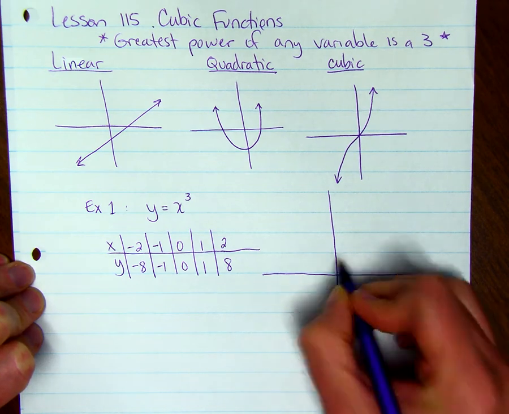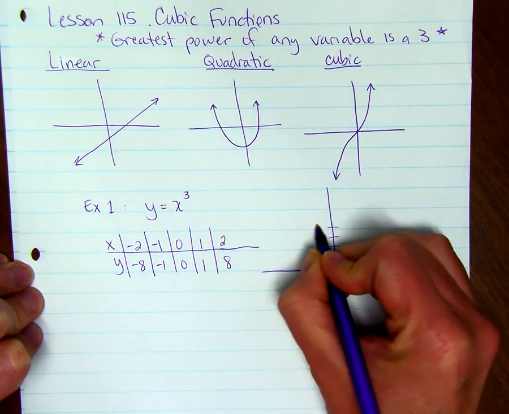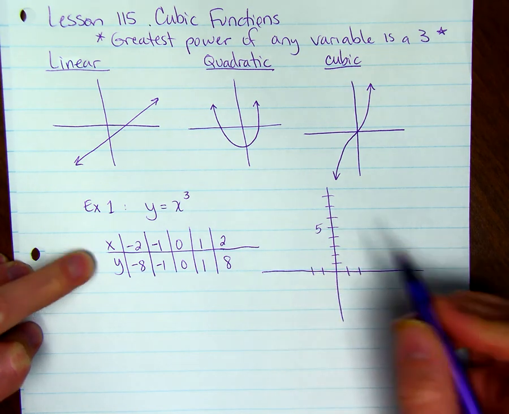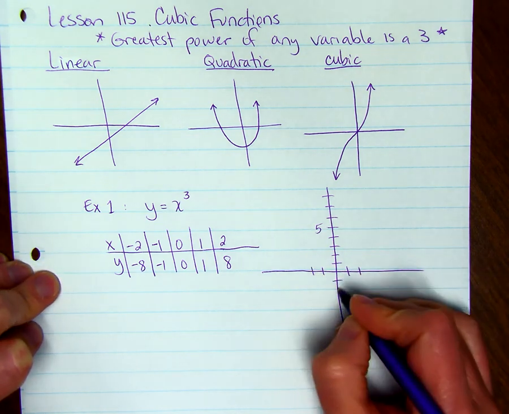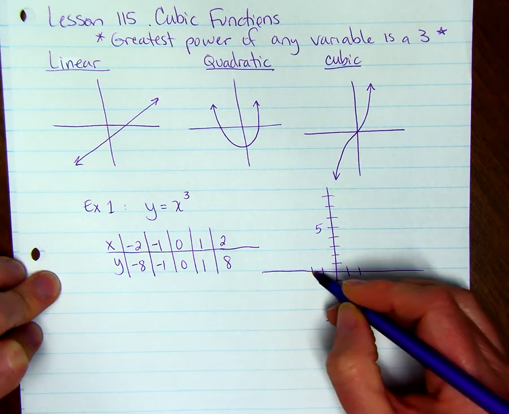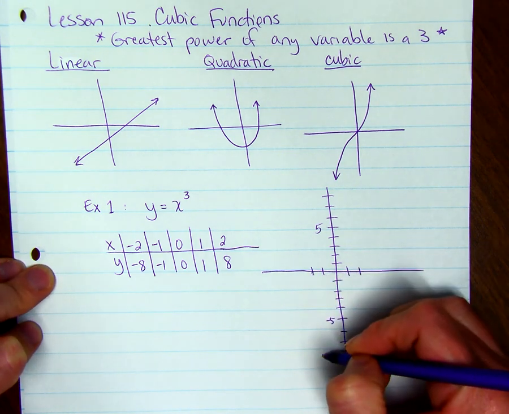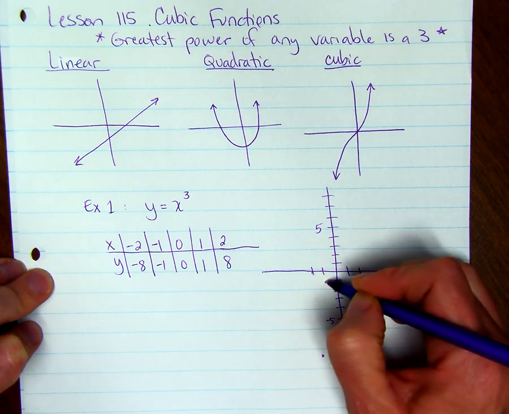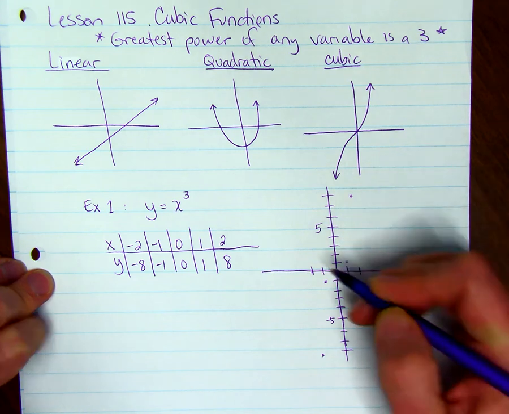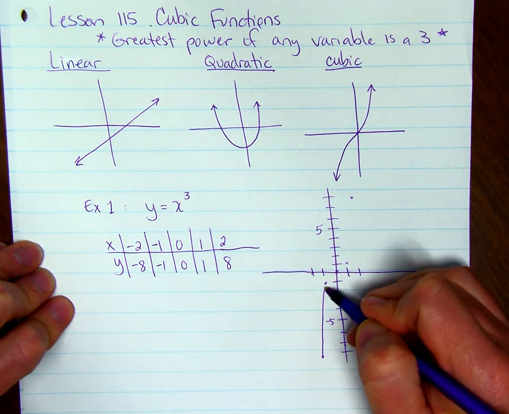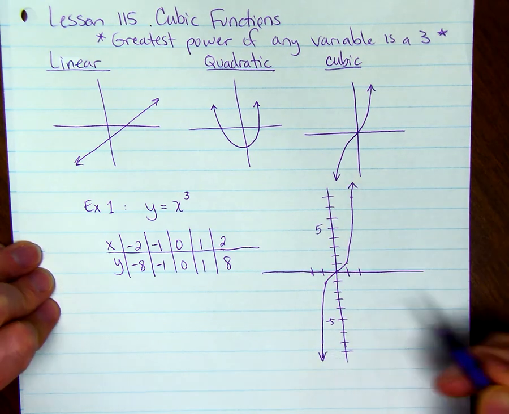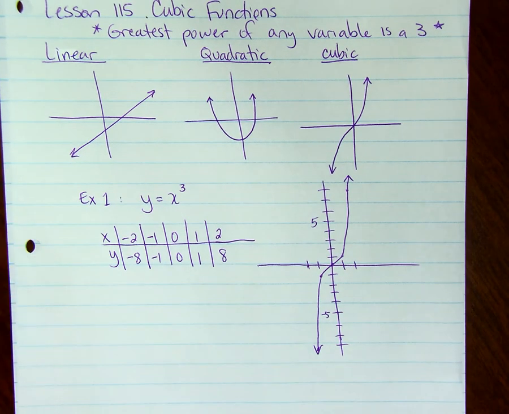So if we were to graph that, I gotta do the negatives. At -2, we have -8. At -1, we have -1, 0, 0, 1, 1, and then 2, 8. And so it's going to look like that curvy graph there. So that's our parent function.